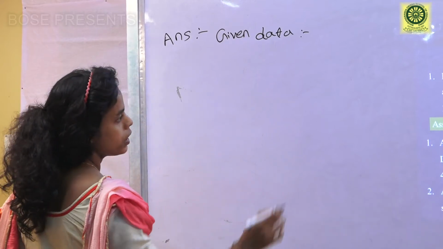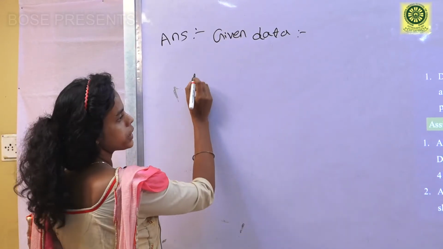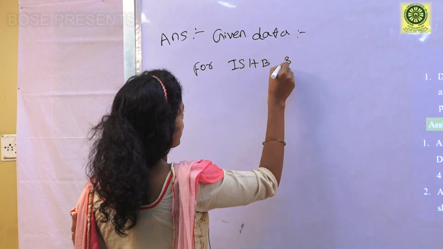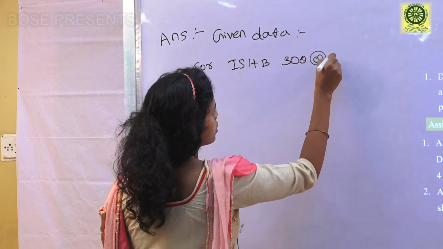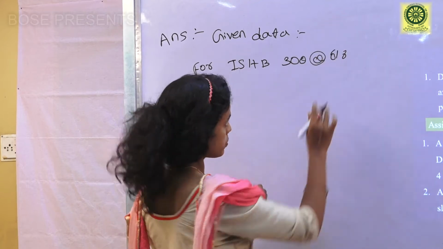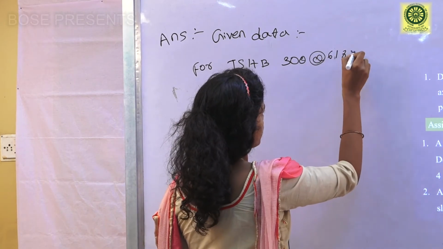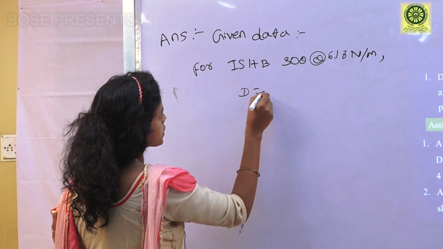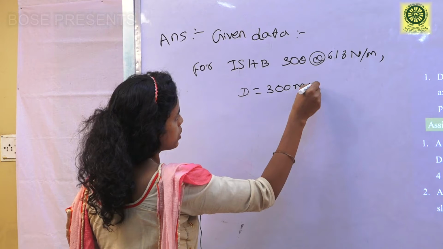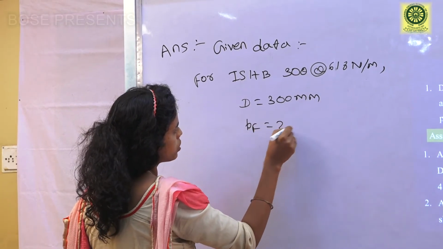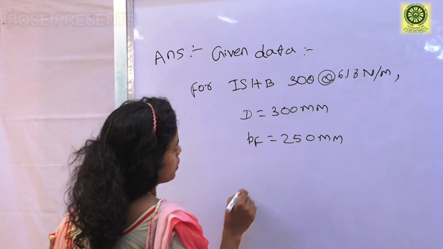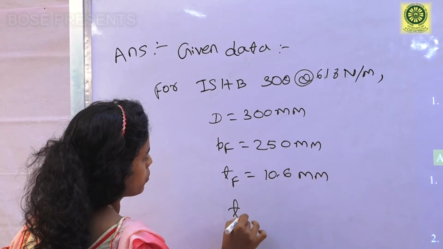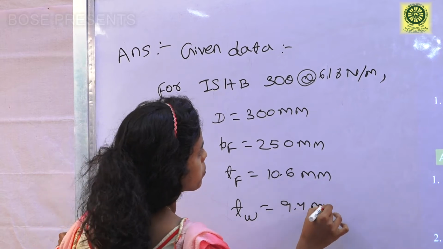So what data is given: ISHB 300 at the rate of 618 Newton per meter. In the steel table, the depth of section is 300 mm, the width of flange is equal to 250 mm, the thickness of flange is equal to 10.6 mm, and the thickness of web is equal to 9.4 mm.